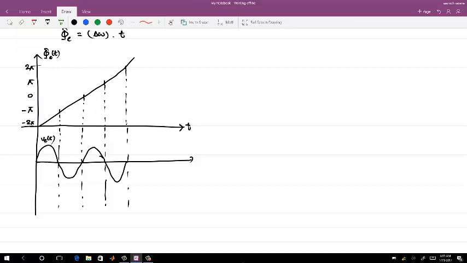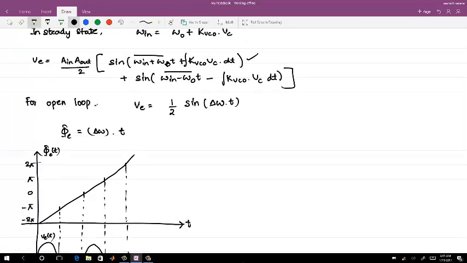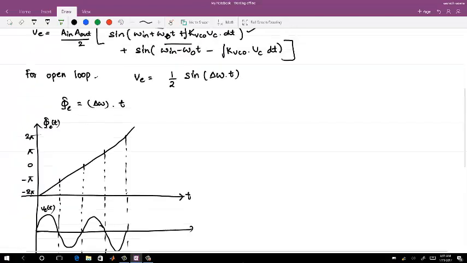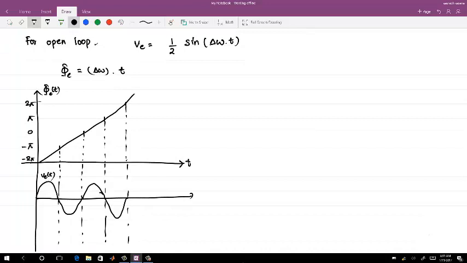But now since we close the loop, see what happens. Let me write it here: phi e of t is delta omega times t minus K VCO times the integral of VC dt. As a first step, assume that the VC I am considering remains constant for the period I will show here, but when you close the loop, everything happens simultaneously.